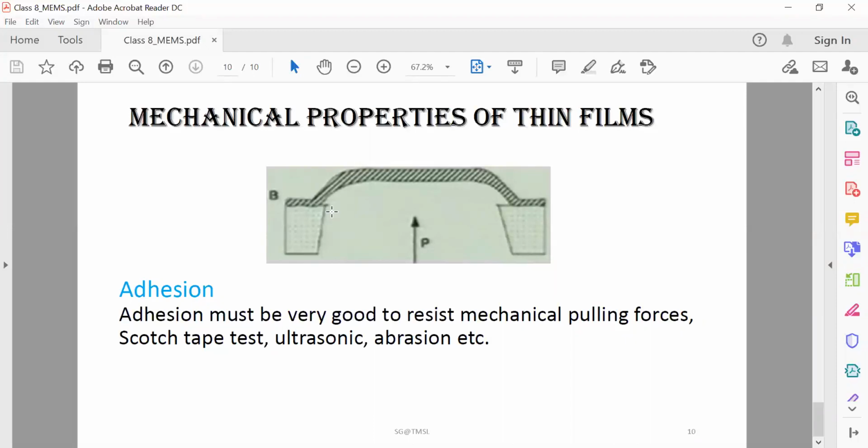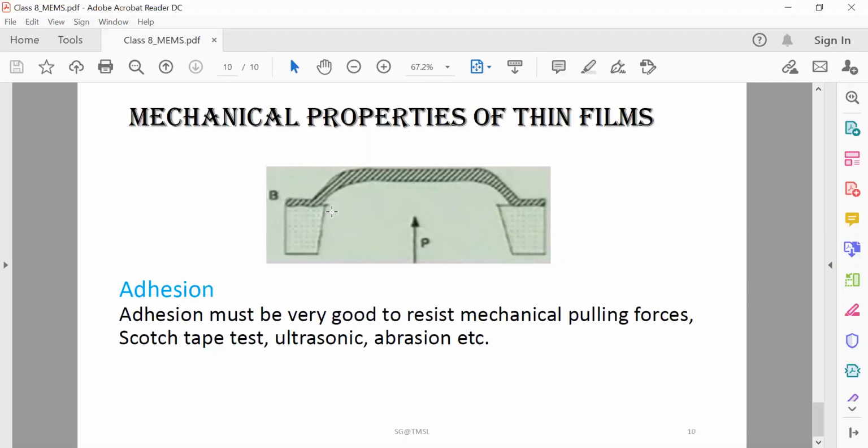In that case, sometimes it may be required to put an interfacial layer which will help the adhesion of the deposited film with the substrate. For gold, we normally use chromium, because chromium helps the adhesion of the gold film with the silicon substrate.